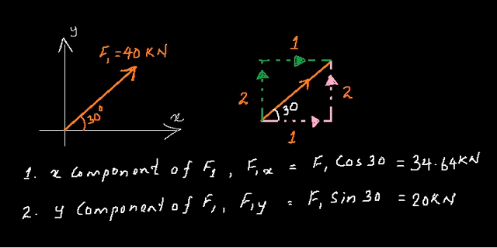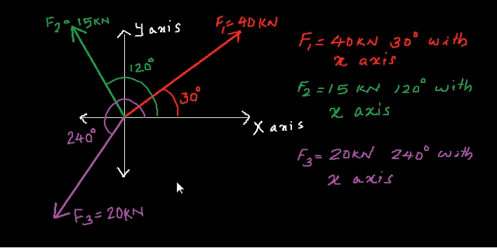Let's see if we can apply this theorem into a more complex system of forces. Don't get confused seeing this figure. I'm going to explain it to the very detail. In the figure, you have got your x-axis and your y-axis, and a force acting at 30 degree with the x-axis of 40 kilonewton, and a second force acting at 120 degree with the x-axis.